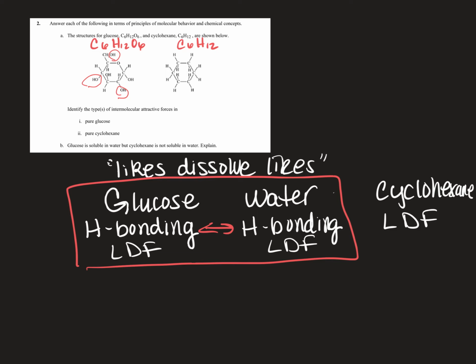So in this question, you should have mentioned that glucose is soluble in water because it has similar intermolecular forces that can interact with the water. The hydrogen bonding of the glucose can hydrogen bond with the water, which allows it to dissolve in water.